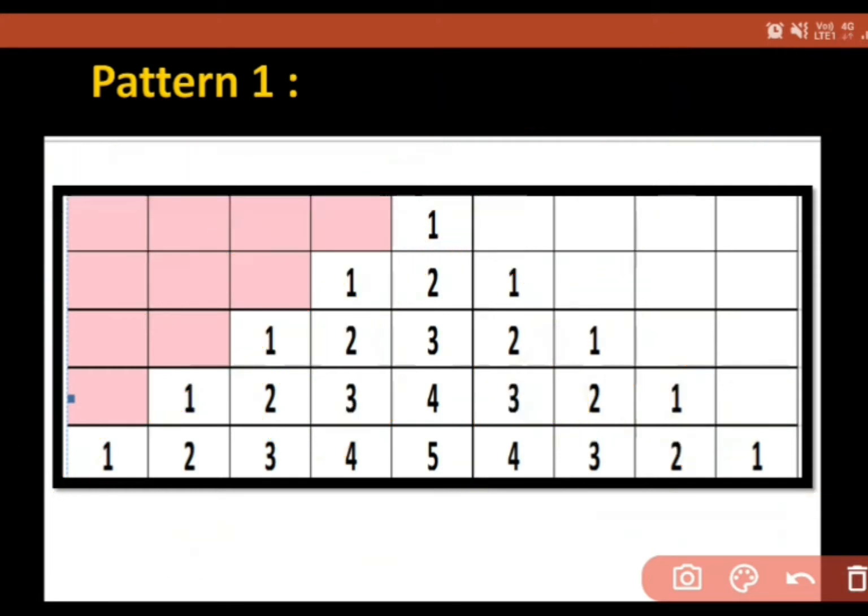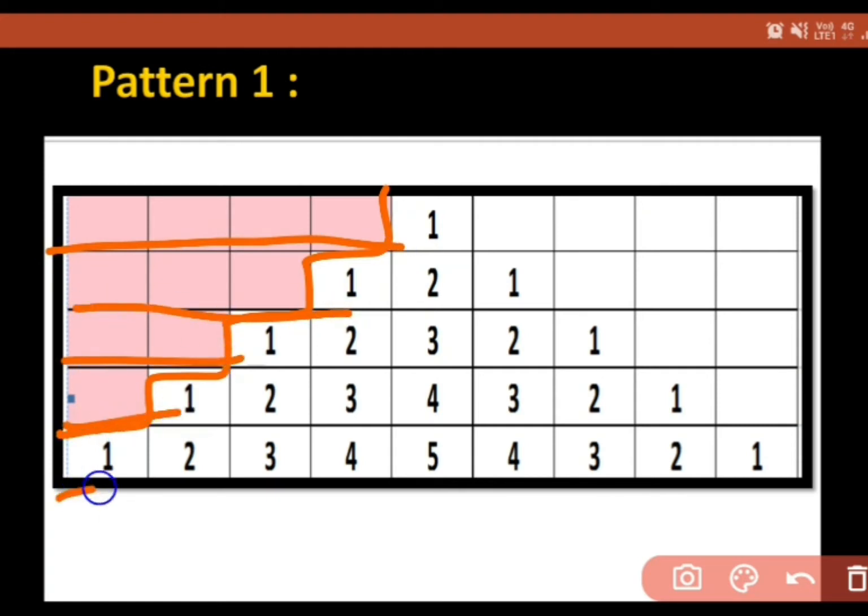Now some sort of counting we have to take. How do we have to work? In counting we have to create 4 spaces. First time we want 4 spaces, then 3, then 2, then 1, then 0. 4 3 2 1 0 spaces we want.